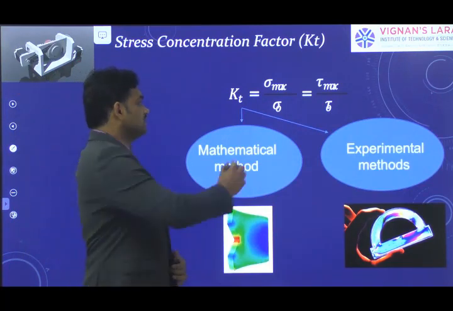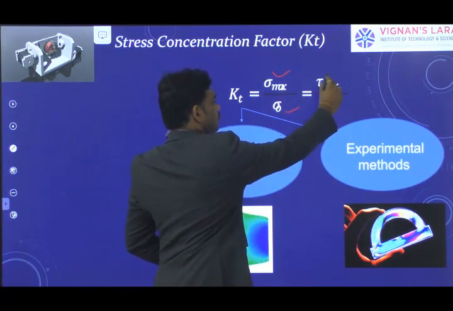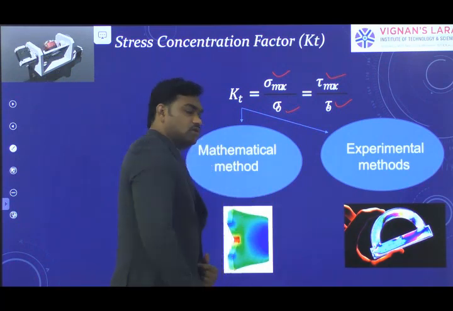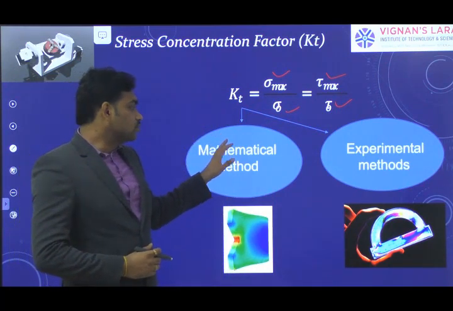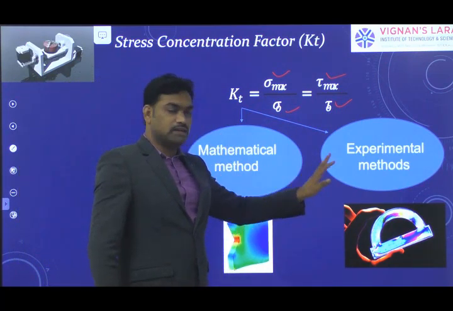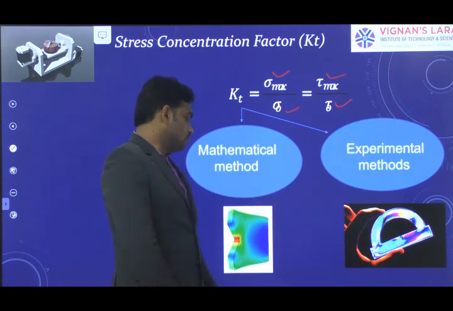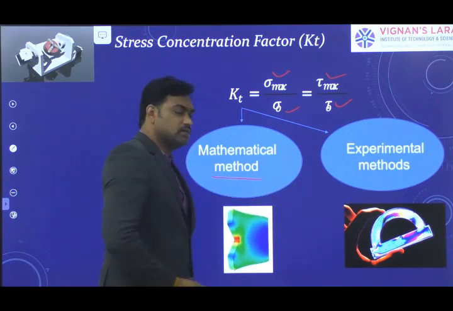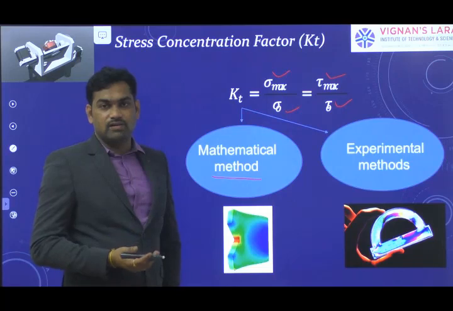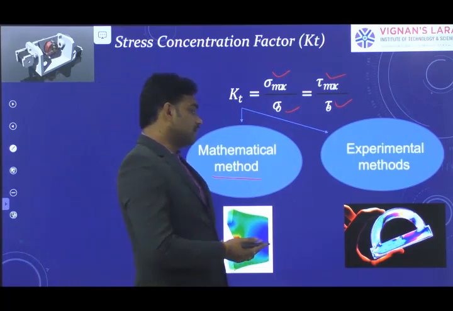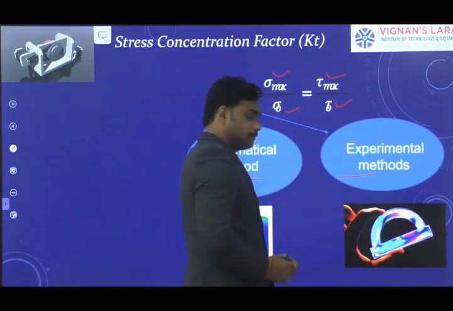Kt is given by sigma max by sigma naught, or tau max by tau naught. In the mathematical method, by using the relation we can find the value of Kt, and in the experimental method we use the photoelastic technique.